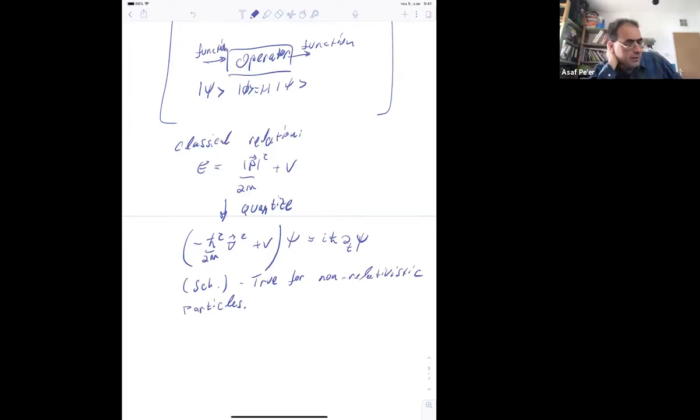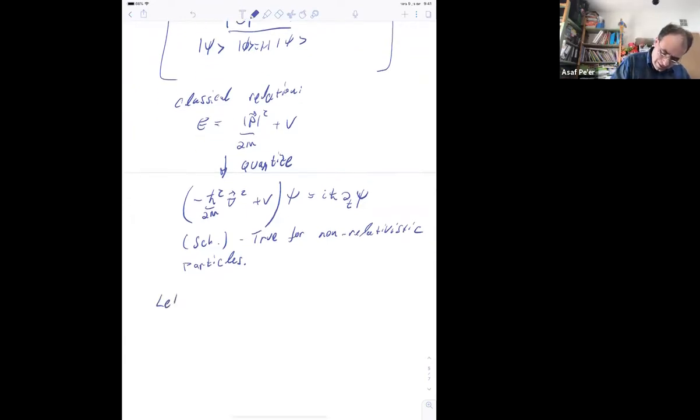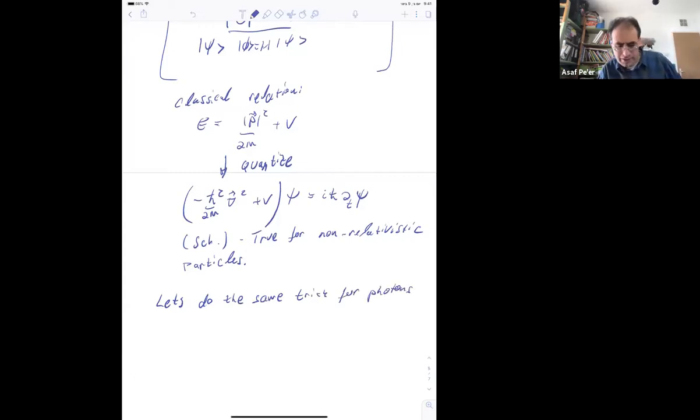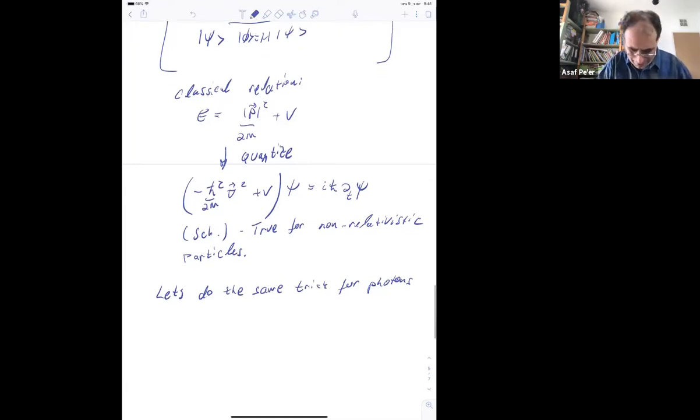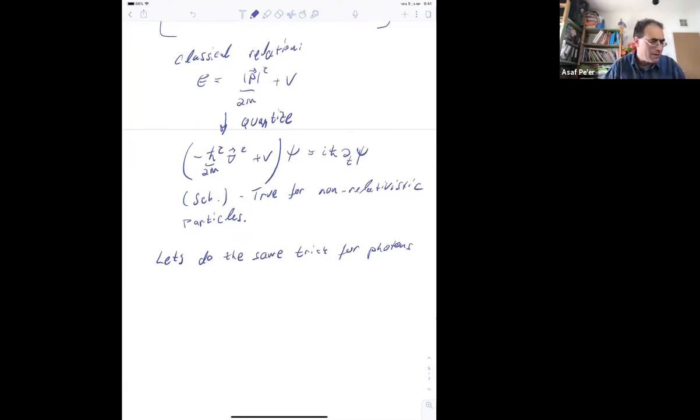Now let's do the same trick for photons. I told you I'm cutting down like crazy. It takes 3 lectures in quantum field theory to get it done properly, but I'm just cutting it down so that you can see it.